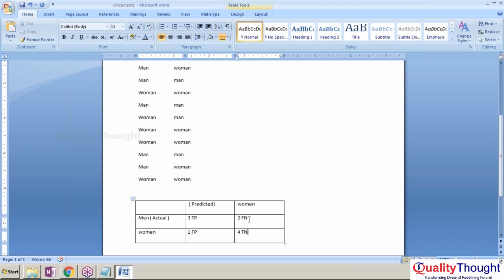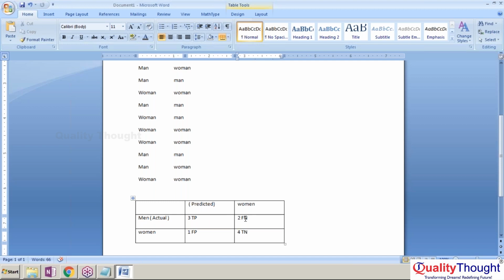Okay, false negative. You understood men actual predicted as men, that is fine, Ashok. Now what about this false negative? False negative represents incorrectly predicted no event values. Means men is actual, but it is predicted as woman.